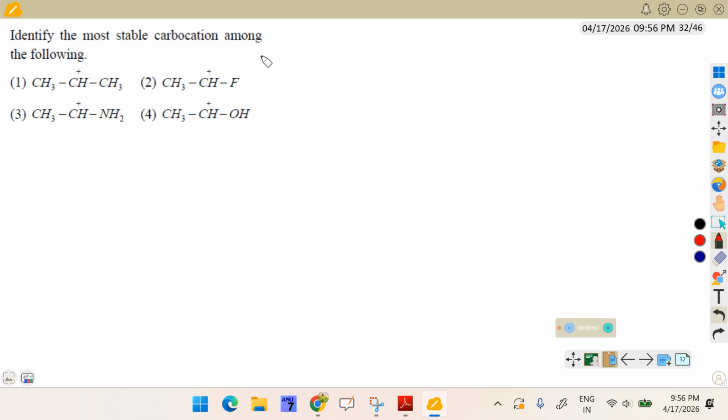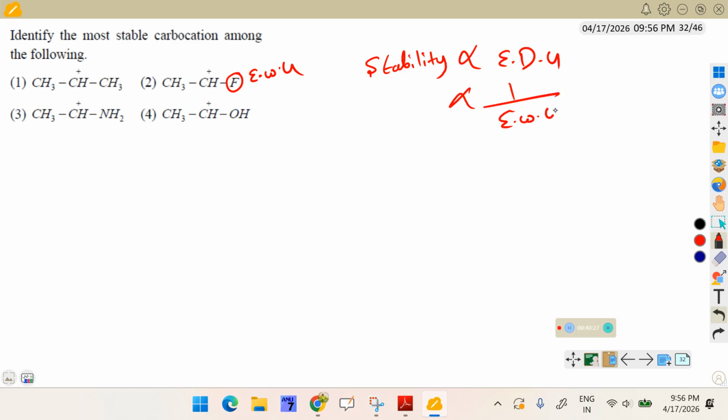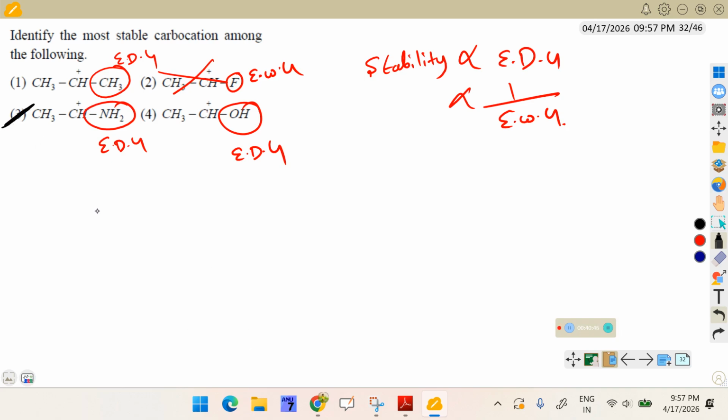Identify the most stable carbocation among the following. Here fluorine is an electron withdrawing group. Stability of carbocation is directly proportional to electron donating group, inversely proportional to electron withdrawing group. So the second option is ruled out. CH3 is an electron donating group, NH2 is an electron donating group, OH is also an electron donating group. In this, the strong electron donating group is NH2. Why?